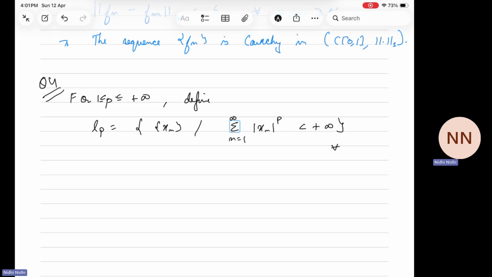And this is for p greater than or equal to 1 and less than infinity. And we define L infinity to be the space of all bounded sequences.